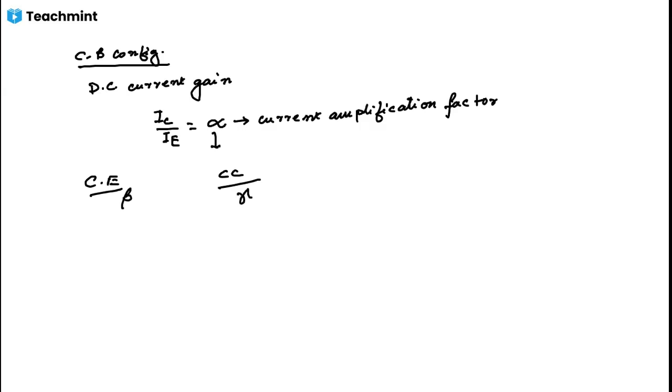We know the value of the collector current is always less than the value of the emitter current.